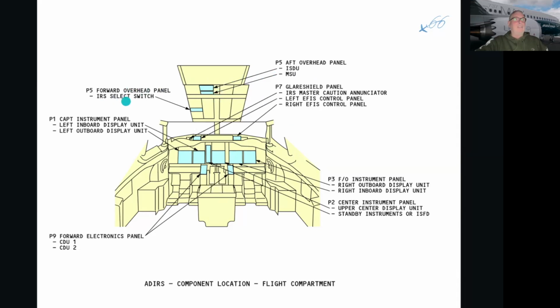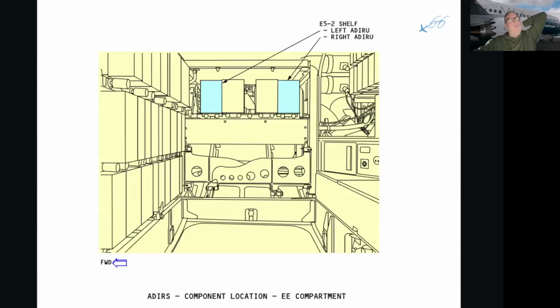We have another IRS select switch here, but mainly everything is in close vicinity in the view of the pilots, because they're looking at navigation and statuses, at how their aircraft is behaving relative to ground stations, relative to the altitude, and relative to the weather, so to speak.